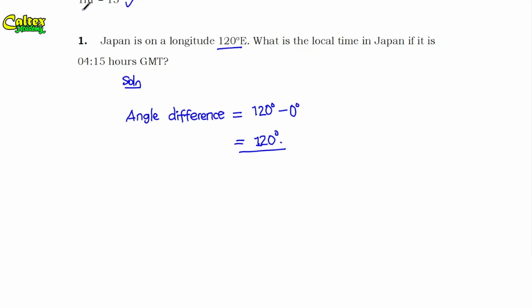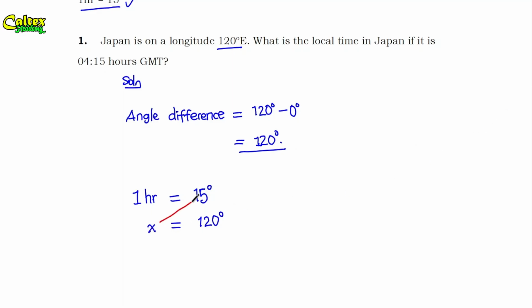And from what I've just given, we know that 1 hour is equivalent to 15 degrees. So what we have here is 120 degrees. What is that in hours?